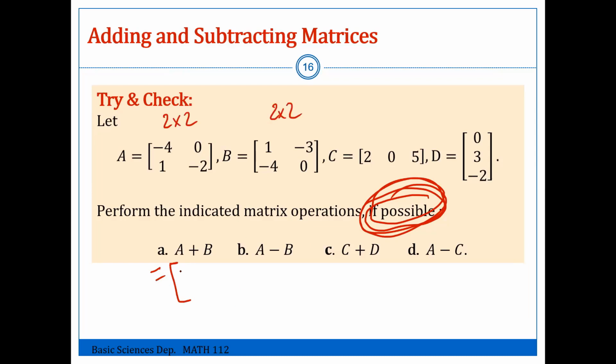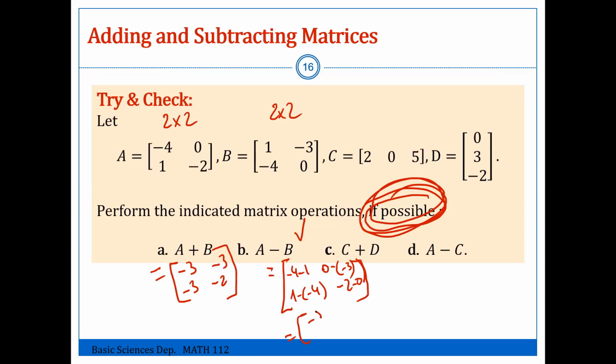So we can add, we get negative 3, negative 3, negative 3, negative 2. A minus B: minus 4 minus 1, 0 minus minus 3, 1 minus minus 4, minus 2 minus 0. So we get the matrix negative 5, 3, 5, negative 2.